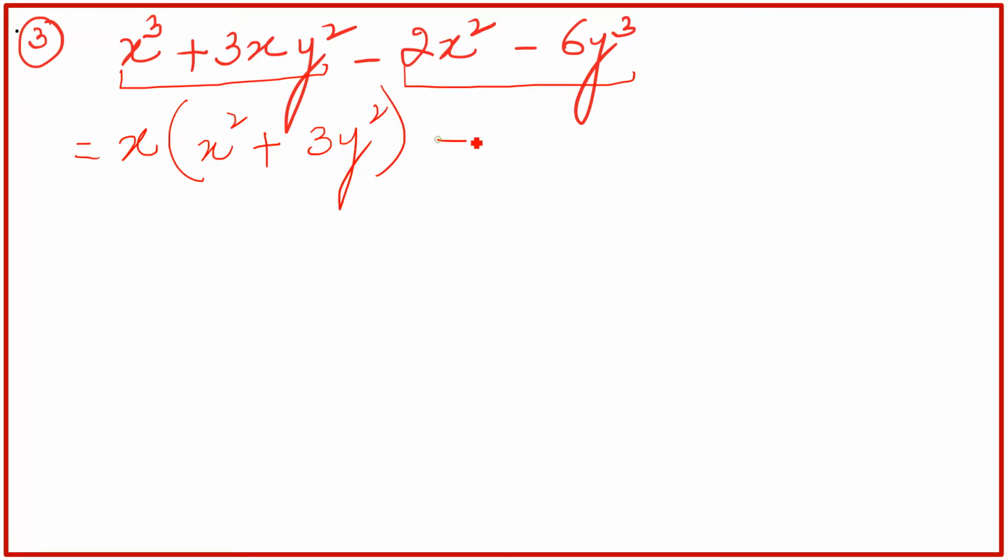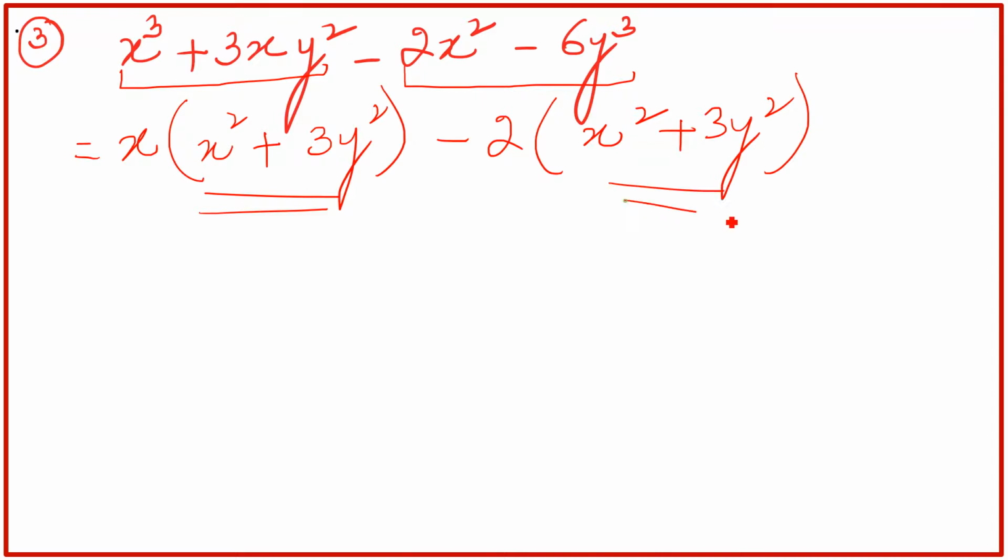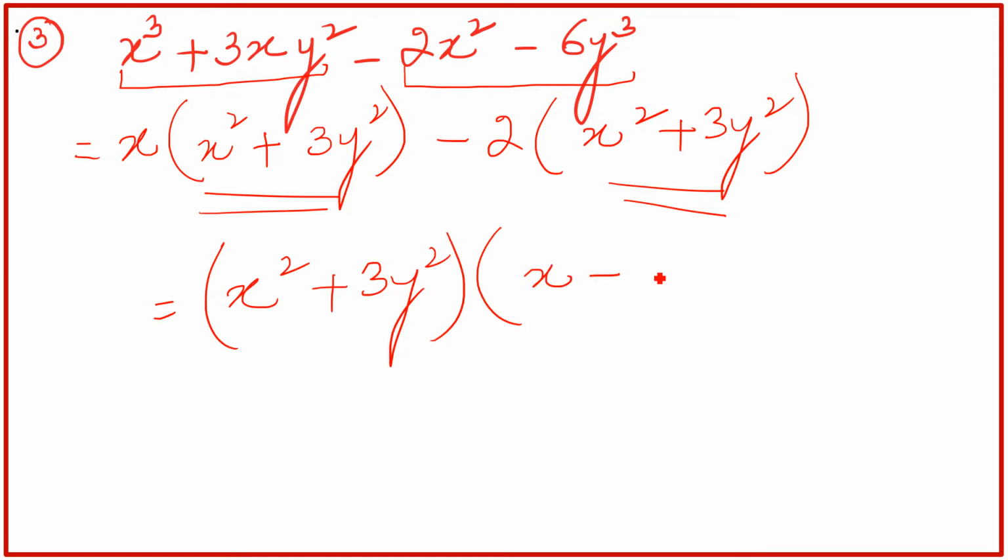And from here we will take 2 as a common, remaining is x square plus 3y square. See, minus is common, so this sign will change. Minus minus is positive, and both parentheses are the same. x square plus 3y square we will take one time as a common and then multiply by what is left. x is here, negative 2 is here, and this is the answer.